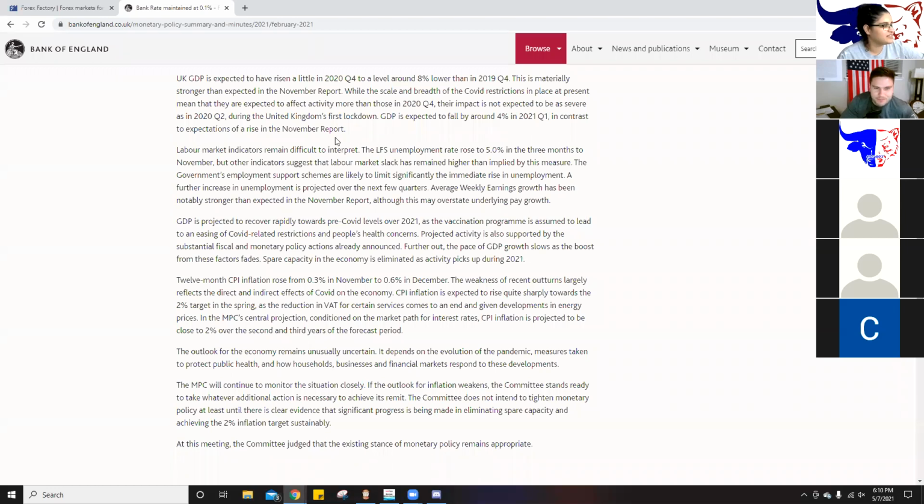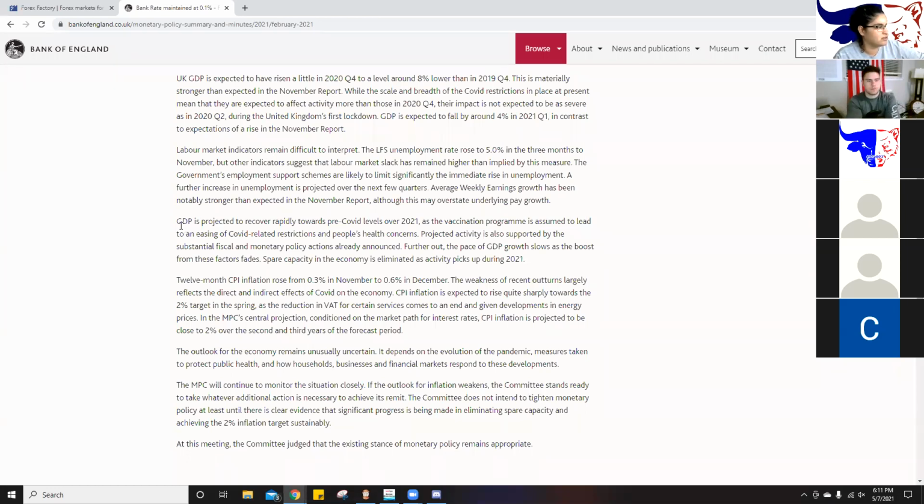So here they expect the GDP to fall by around 4% in the first quarter of 2021. Labor market indicators are still difficult, and that's because they're also paying these people, right? They're paying firms basically. They're saying we're gonna pay 80% of their salary, and this is an incentive for these firms to not let go of their employees just because they can't afford them.